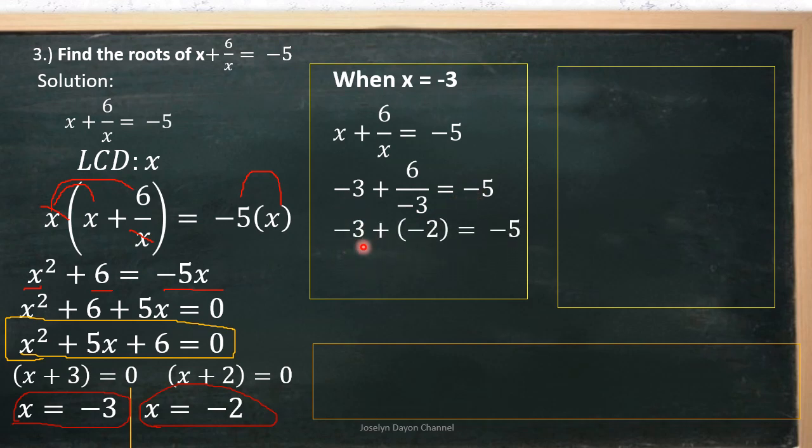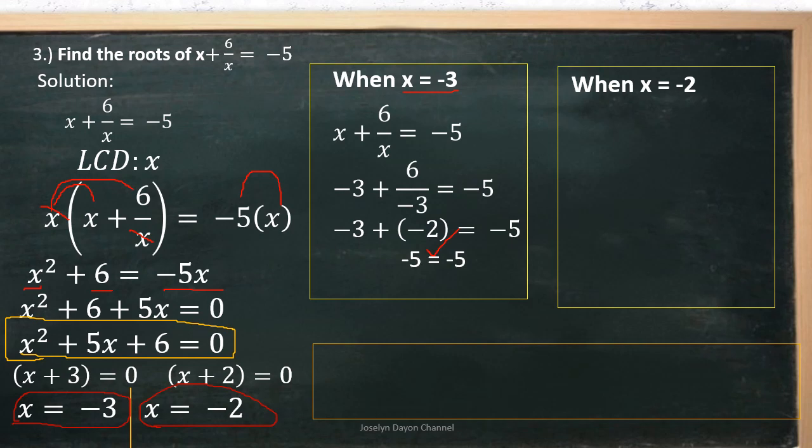So copy negative 3. 6 divided by negative 3, the answer is negative 2. Bring down negative 5. Negative 3 plus negative 2, the answer is negative 5. Of course, bring down negative 5. If you have observed, we have a true equation when x is equal to negative 3.